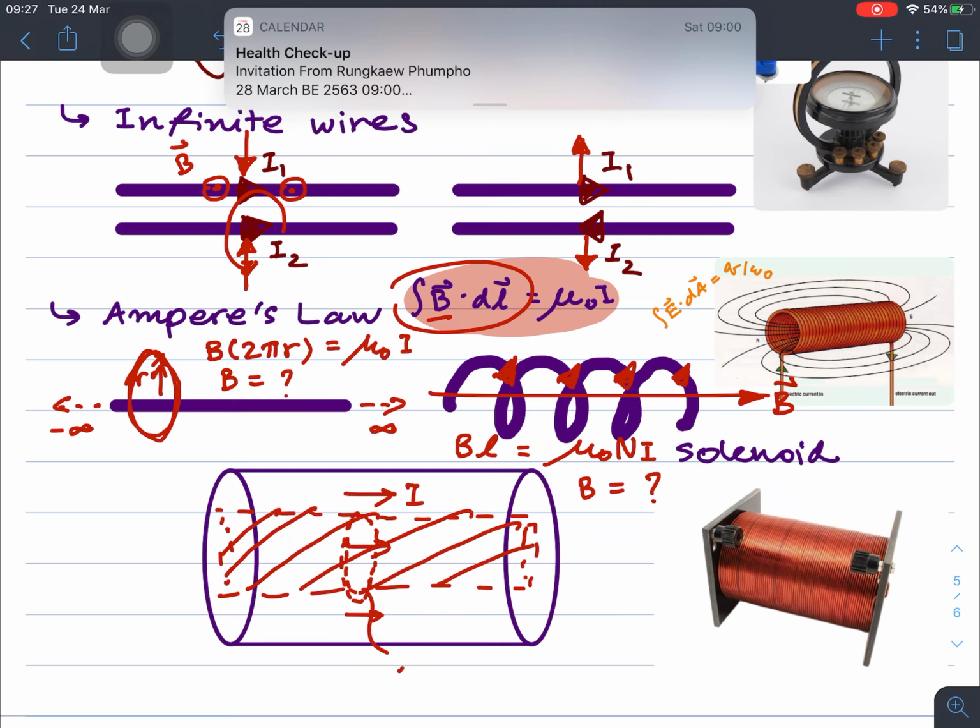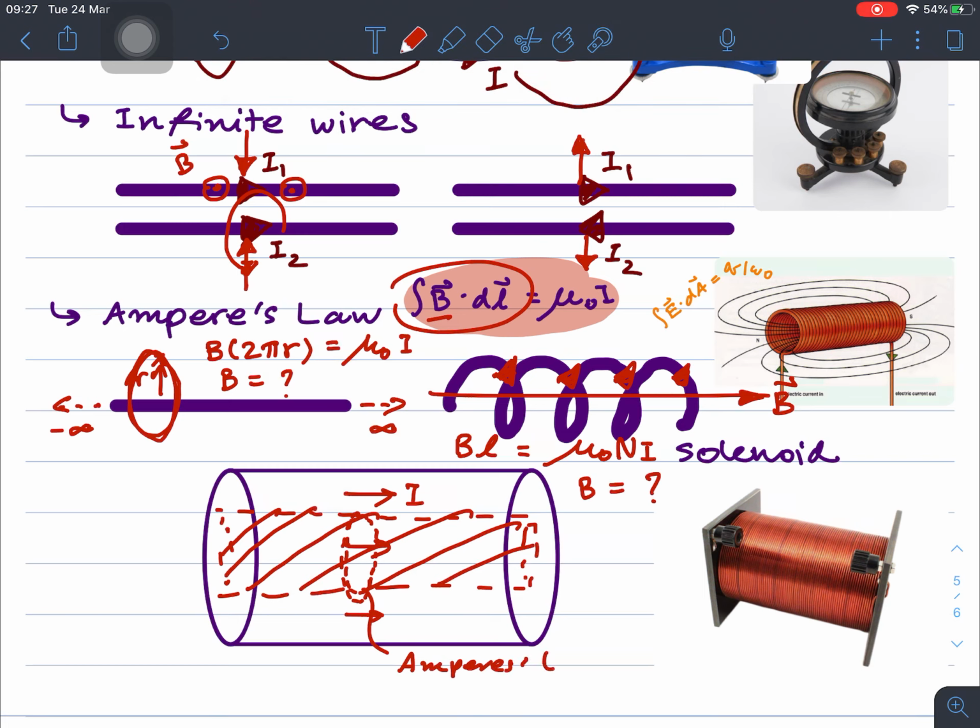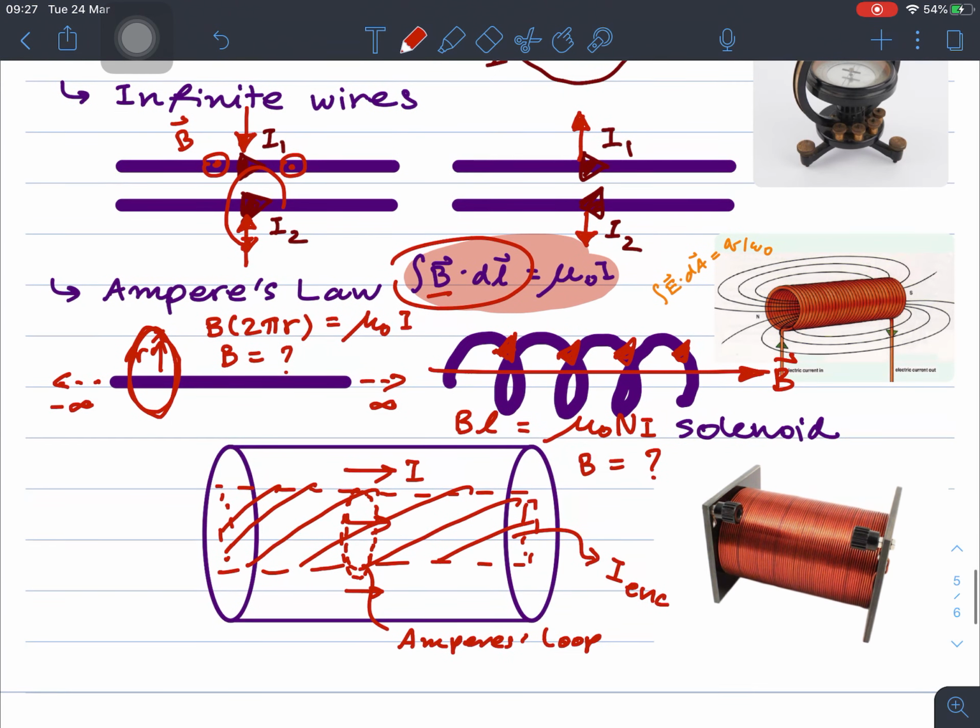So we call this the Ampere loop. We are going to consider this amount of current as I enclosed, or I_enc, and then my Ampere's law equation will be B times 2 pi r equals mu I enclosed, and then you solve for the magnetic field.